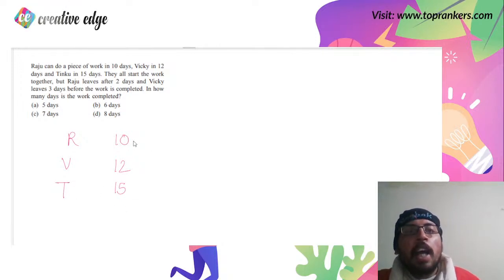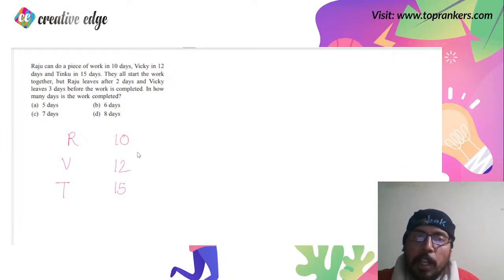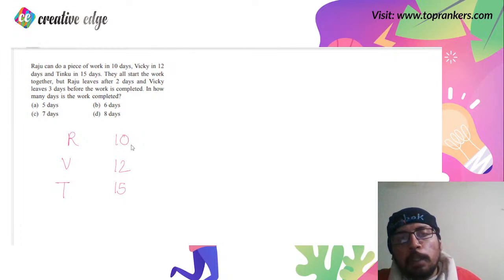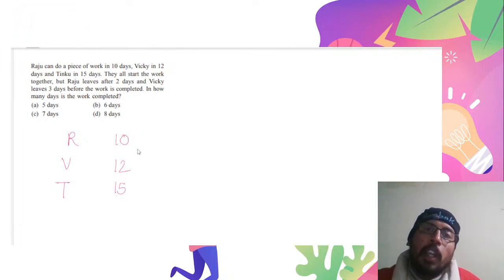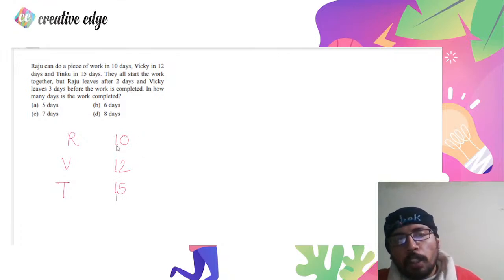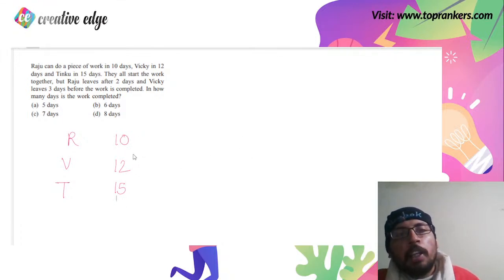That means again I will have to take the LCM of these numbers. Why are we taking LCM? Again, let me remind you that this LCM lets me know what the total work is on the ratio scale. So 10, 12 and 15. LCM would be again 60.